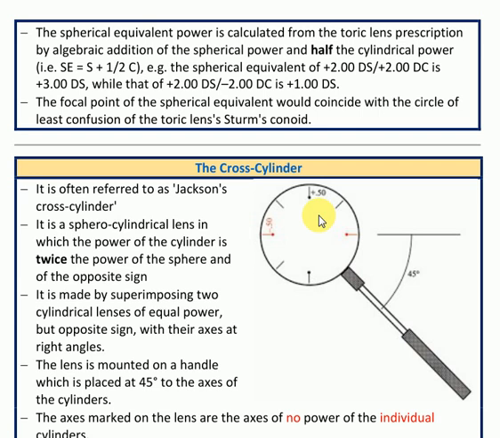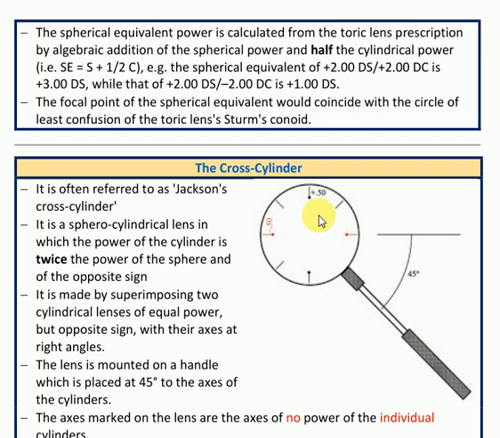The 1 diopter cross cylinder is used to check the axis of the trial cylinder and the power in patients with poor visual acuity. So 1 diopter for poor visual acuity and 0.5 for patients who have good vision.